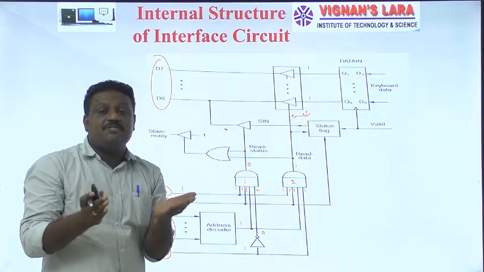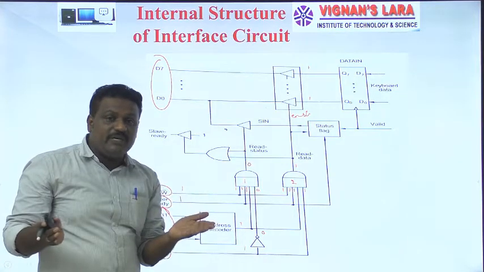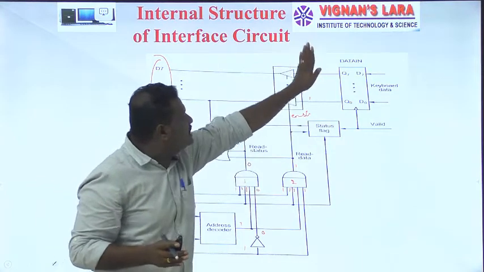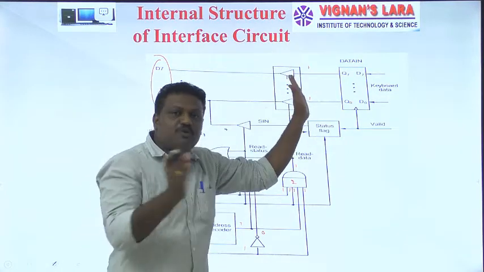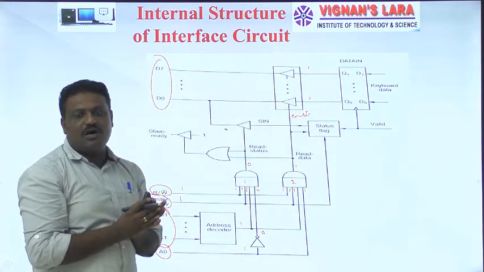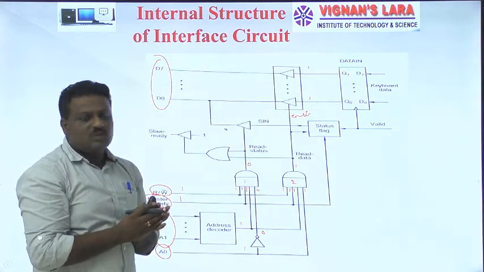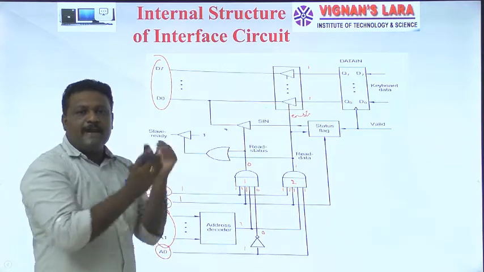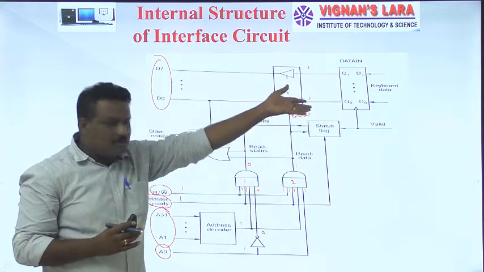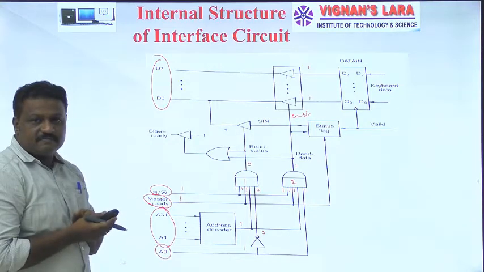The tri-state buffers are activated with the help of this enable signal. Then and only then, what was present at the input of those buffers or drivers is simply transferred to the output end. So in this fashion, my processor collects the data from the input interface by activation of these signals.